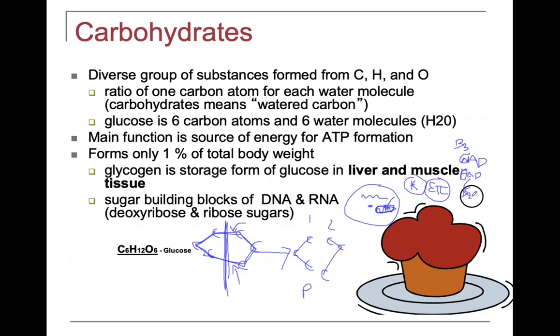So vitamin B2 and vitamin B3 are really needed, actually B1, B2, and B3 are really needed for energy production, especially for the Krebs cycle. But once we have these coenzymes, NAD and FAD, those are going to be utilized for the electron transport chain to produce ATP, adenosine triphosphate. That's why your B vitamins are really important.